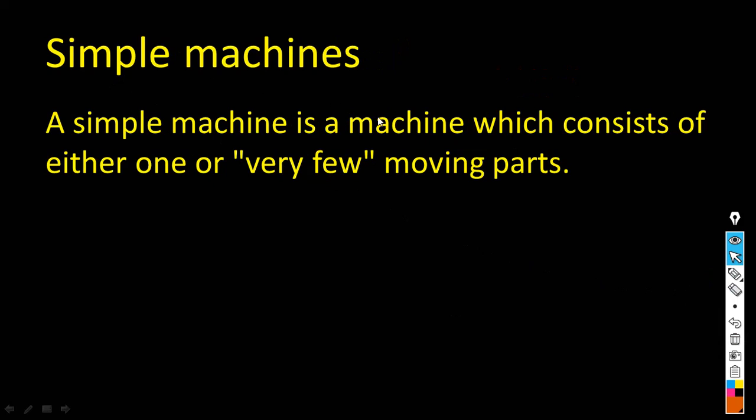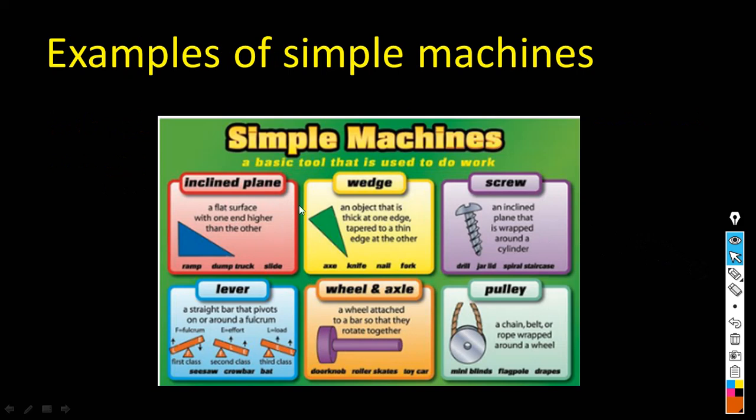So what are simple machines? A simple machine is a machine which consists of either one or very few moving parts. For example, these are the six common simple machines that you may have been taught in elementary or junior high. Let's go quickly over each one of these.